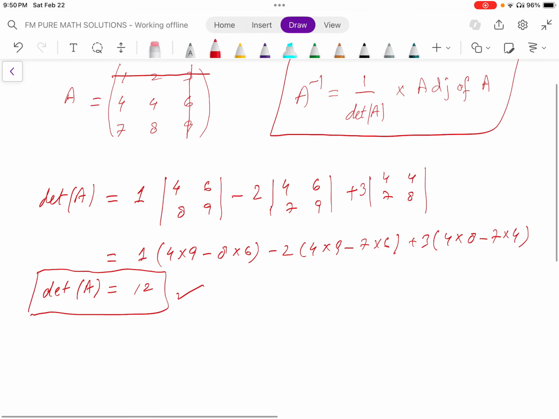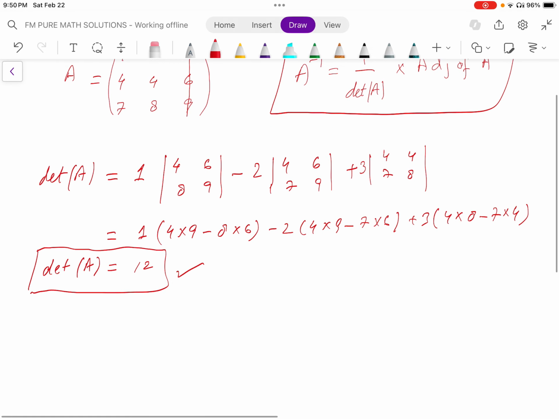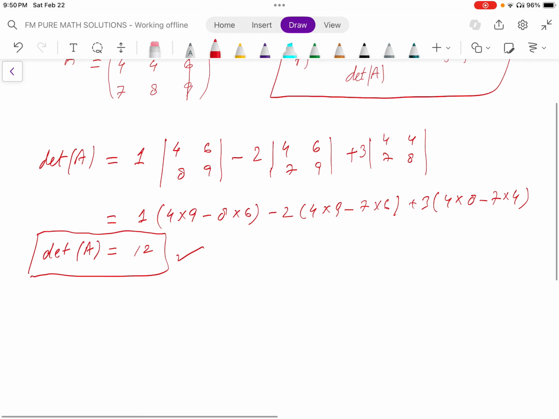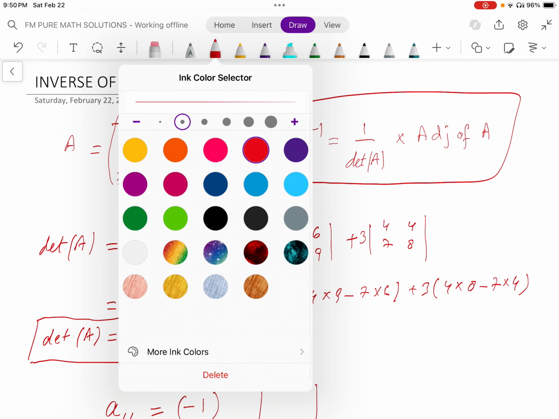Now we have to work out the 9 elements of the adjoint of A matrix. We'll start with A11. It has the formula of -1 to the power 1 plus 1, and we have to find the determinant first, leaving the first row and first column again.